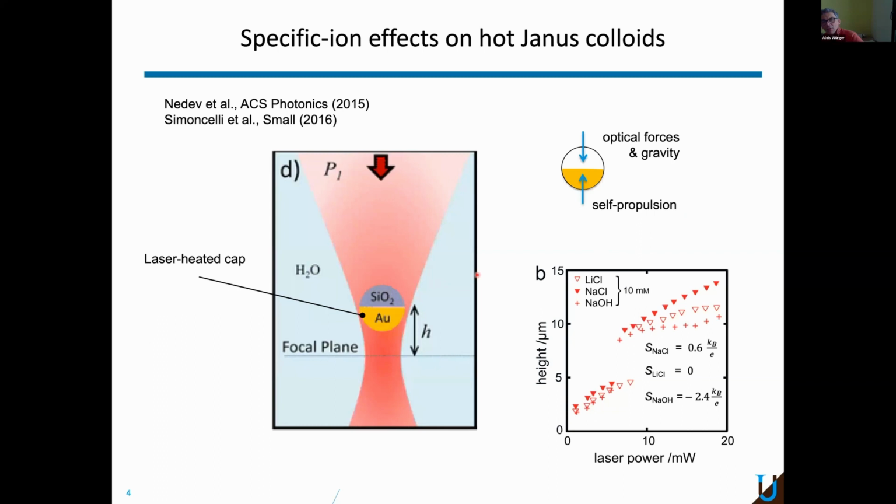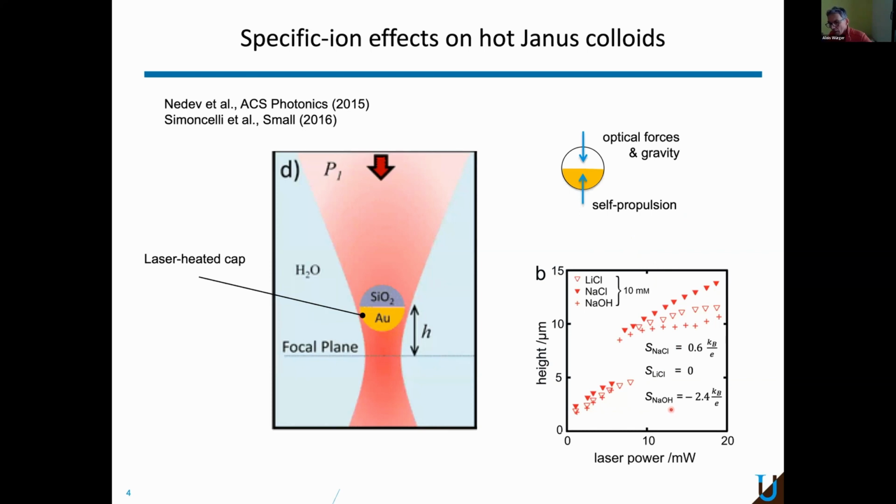And so what Feldman and colleagues have done, they have measured this height as a function of laser power, and that for different salt solutions. And here are just 3 of these solutions, and I give a result I found. This jump here I won't discuss, which is due to the complexity of a laser beam. And so you see that the height you measure is different for the 3 different salts I have used: sodium chloride, lithium chloride, and sodium hydroxide.